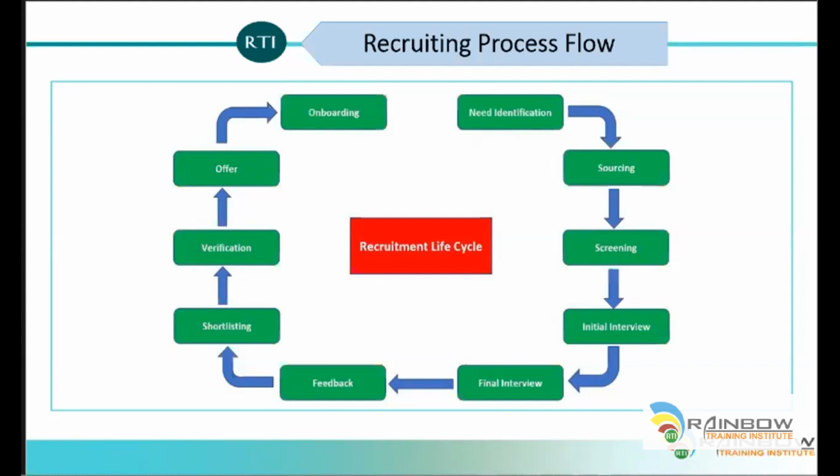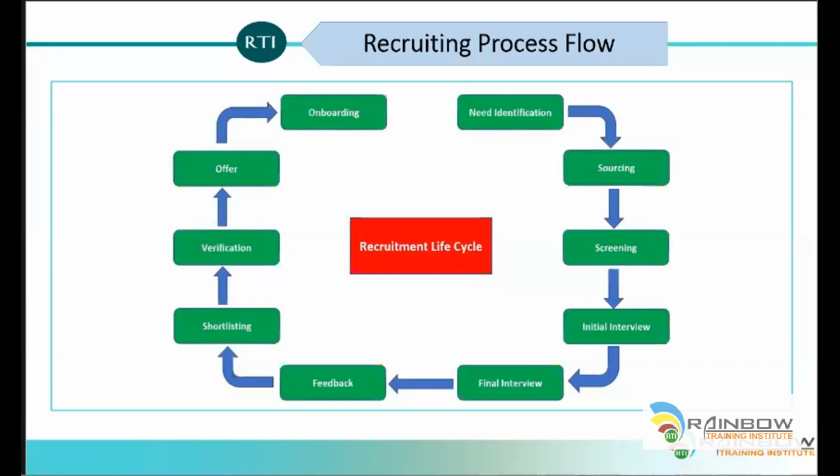Once the interviews are completed, you get feedback from the interviewers, and based on the feedback you shortlist the candidates. Once you shortlist the candidates, you start doing the verification, like verification of education details or employment. Once you verify all the details, you extend the offer to the candidate. Once the candidate accepts the offer, you start your onboarding process. So this is the overview of the recruitment process flow.